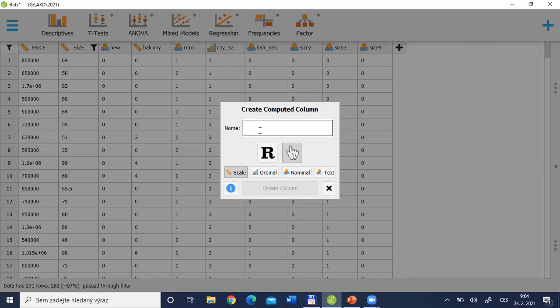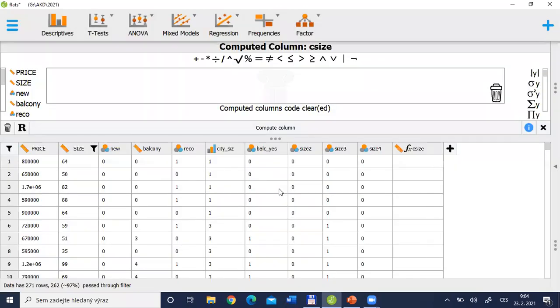So if it is size, I would call this variable C size, for centered size. I would click here and here, so I would use JASP's original computation procedure, create a scale variable, and click create column.